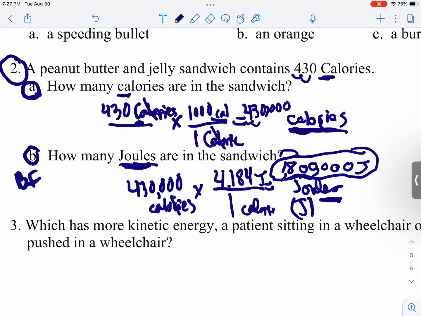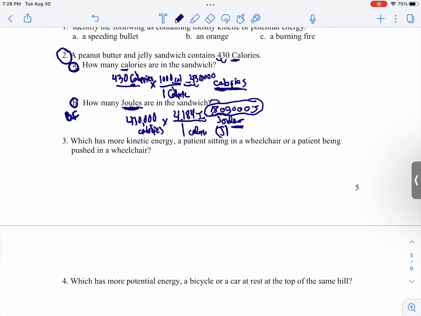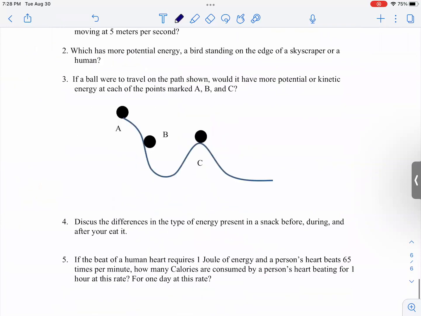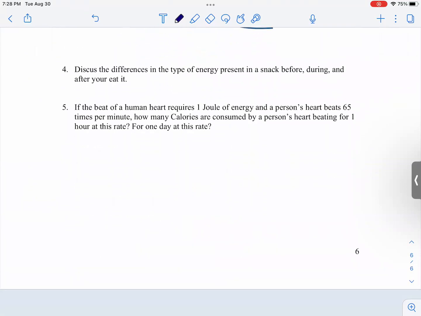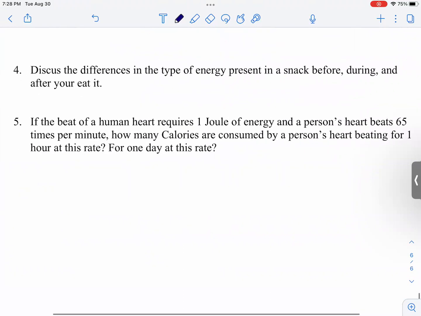Okay. So let's move on to something else. Let's work this one. If the beat of a human heart requires 1 joule of energy and a person's heart beats 65 times per minute, how many calories are consumed by a person's heart beating for 1 hour at this rate?